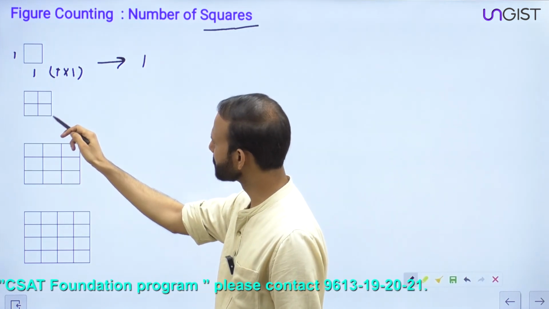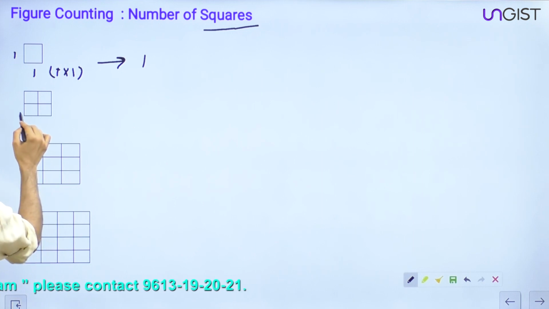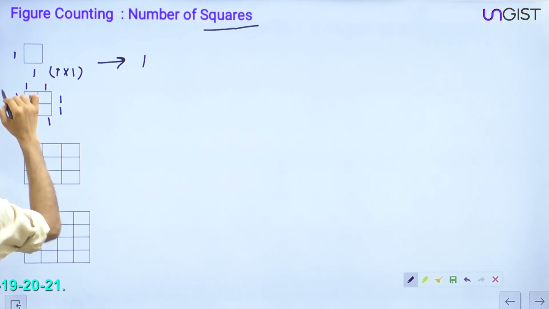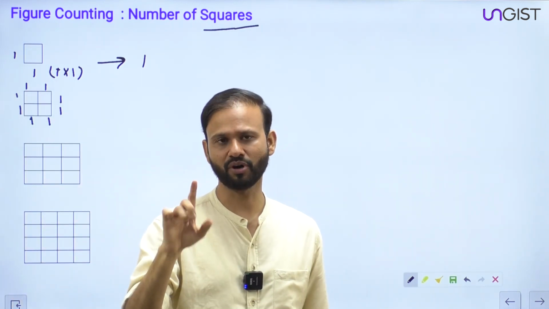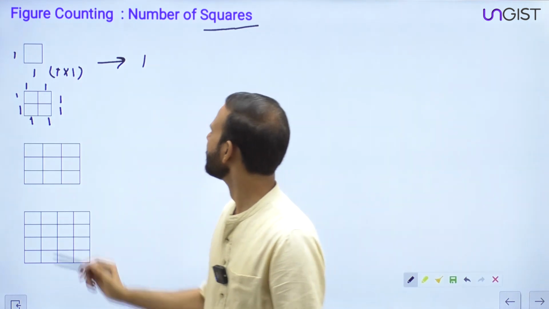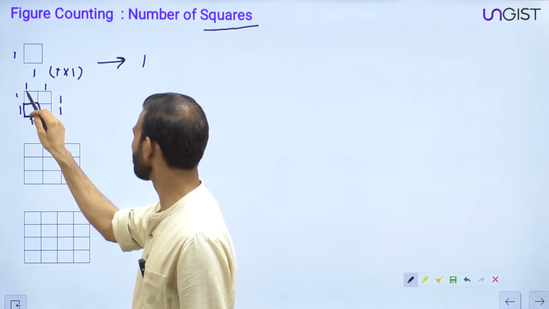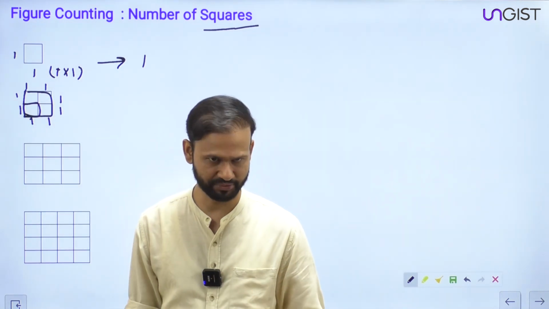After that, let us come to the second figure. If this is 1, this is 1, this is 1, and this is 1, then actually we have 2 types of dimensions of squares. Here we have 1 by 1 order squares, and here we have a 2 by 2 order square also. Everybody okay?